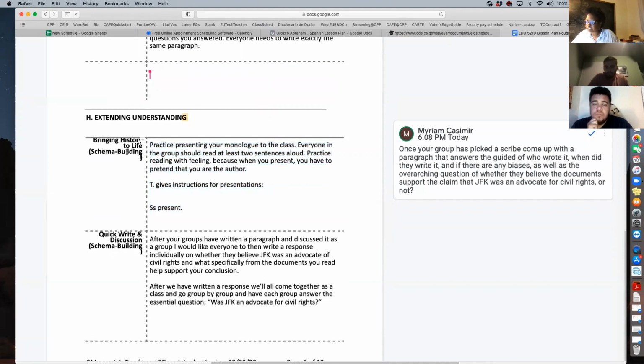So this is schema building. It's also text representation. You guys have to fill this in.